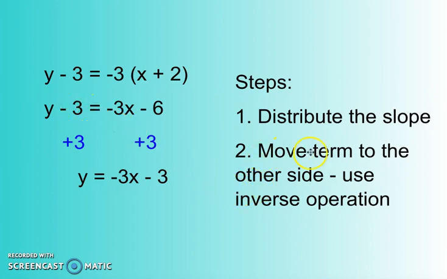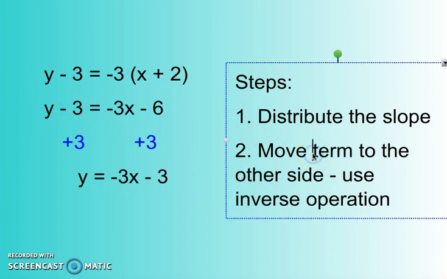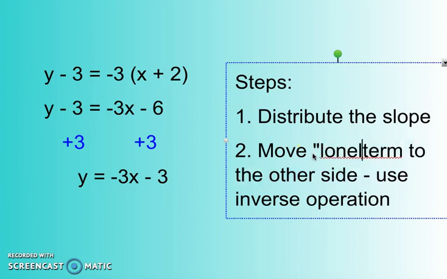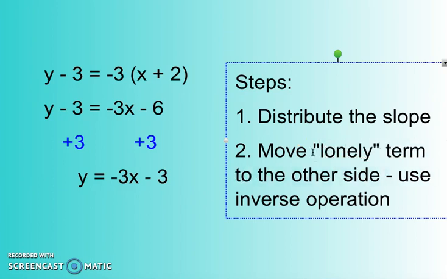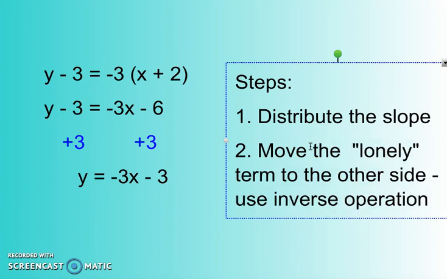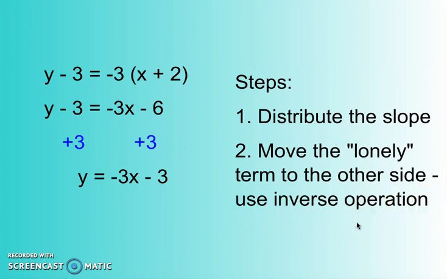So in this case, we moved the lonely term to the other side. And then that was it, because then we already had it in slope intercept form, which is y equals mx plus b.